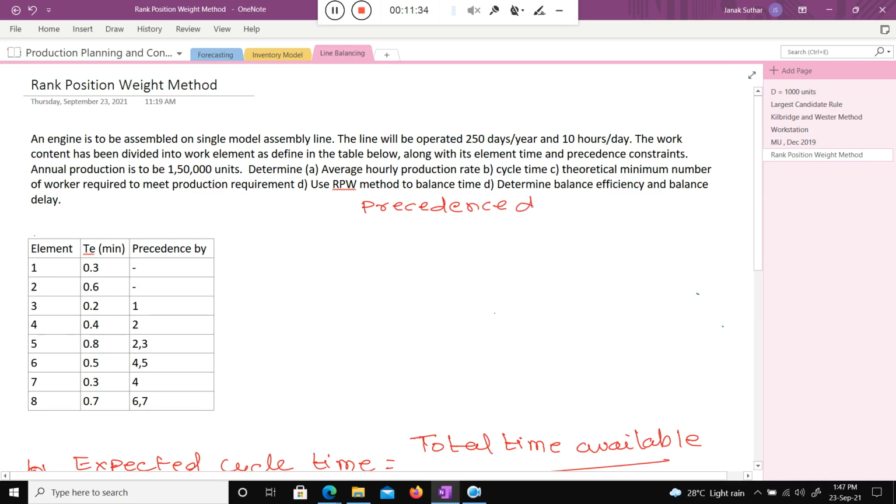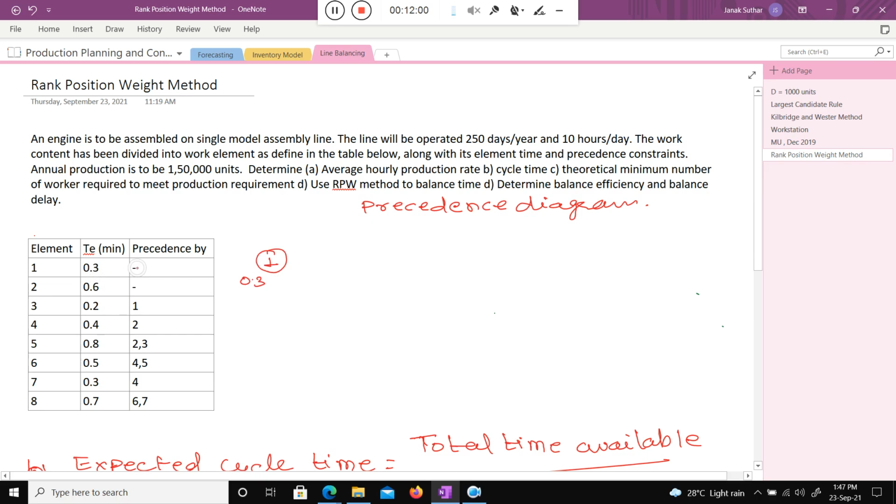How to draw the precedence diagram? First draw the activity, this is element number 1, and with respect to it the time is 0.3, written near that work element. After that draw 2, which is also independent. Why am I starting from here?